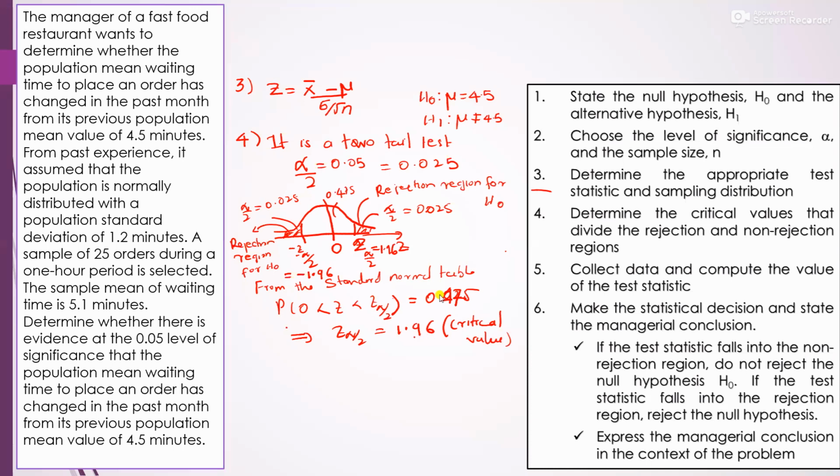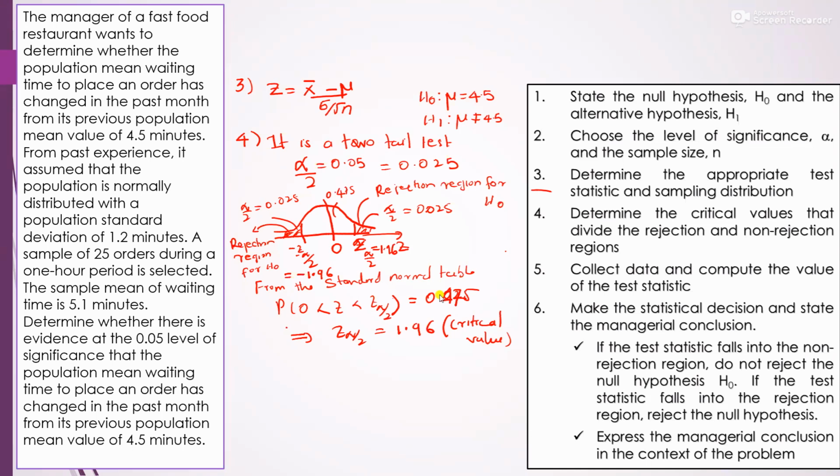This is the region, the boundary point that divides the unlikely values and the likely values. If Z is greater than 1.96 or less than minus 1.96, then it is in the unlikely values, and we can say that this sample is not possible to get from the population.